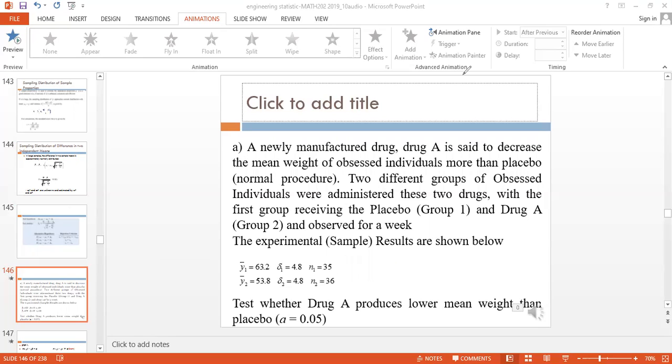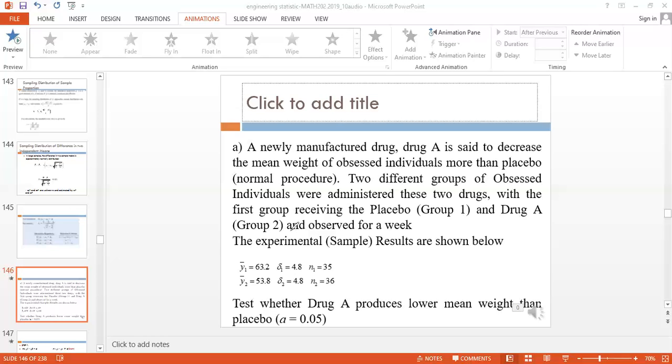It says a newly manufactured drug A is said to decrease the mean weight of obese individuals more than the normal procedure. Two different groups of obese individuals were administered these two drugs, with the first group receiving the normal procedure or the placebo. So that is group 1. And those with drug A are group 2.